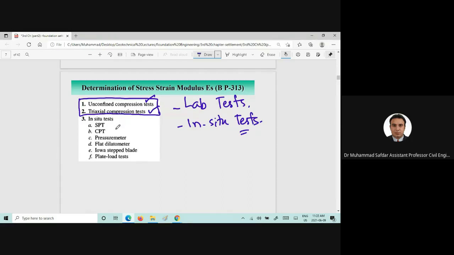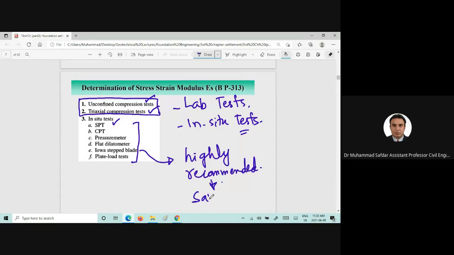of elasticity. Now, in situ tests, there are several options which are available, and they are highly recommended. The reason is sample disturbance in lab tests.